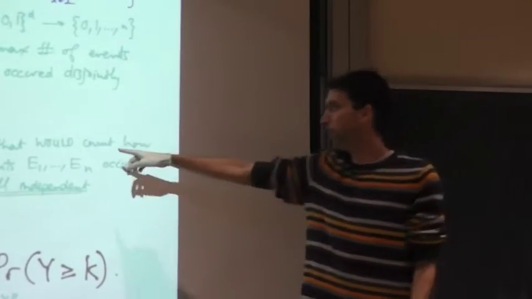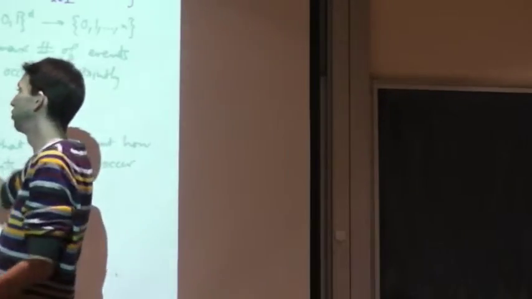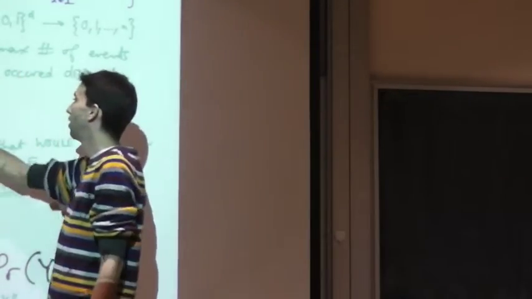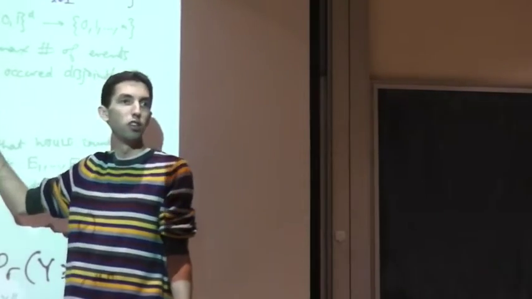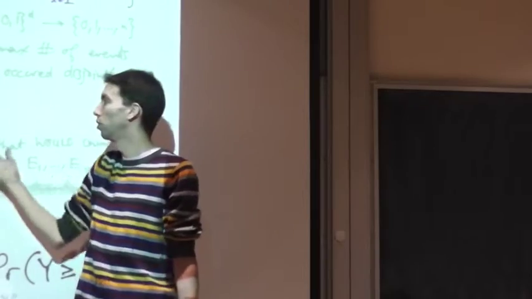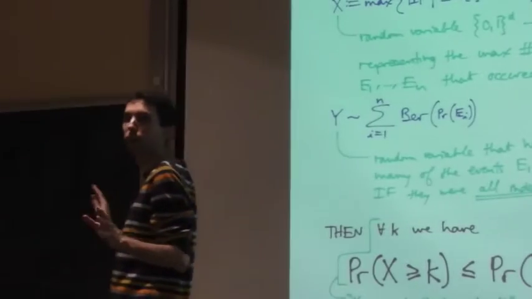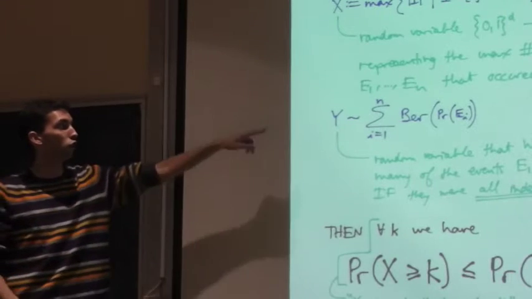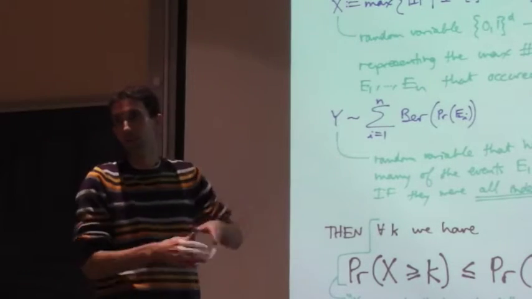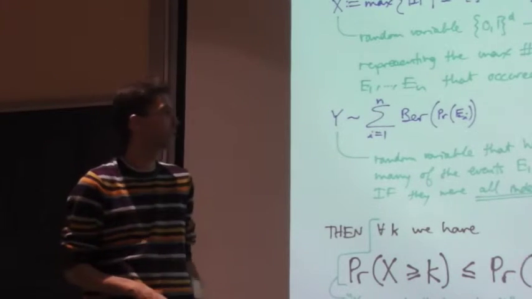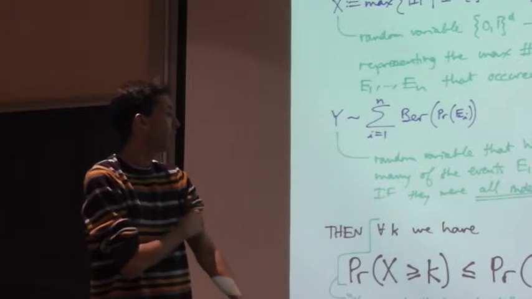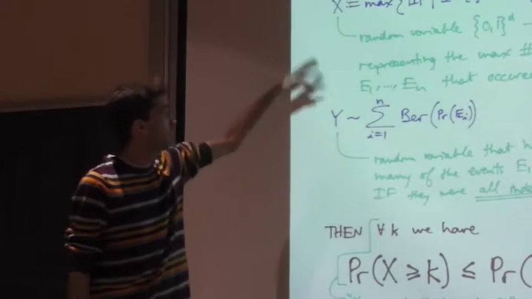These are just Bernoulli, 0-1 coin flips where the probability of each one is the probability of each of these events overall, and then we're just summing those up. So this is just saying, if the events were completely independent of each other, this would be the distribution of how many would occur when we flip the coins. Okay, so this is the setup.